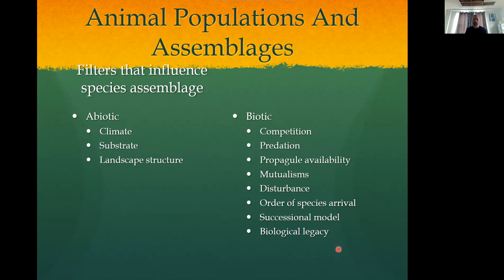Those are the abiotic parts of this. Biotic parts are species interactions. Things like competition, predation, mutualisms. Do two species work better in the presence of one another? Does one species require the presence of another one? We see this a lot with trees, for example. You might go in and say, okay, I'm going to restore this old forest to the way that it was.